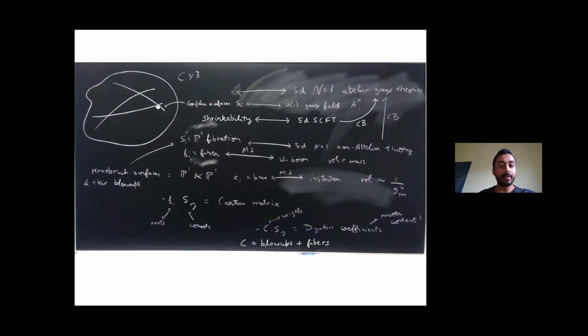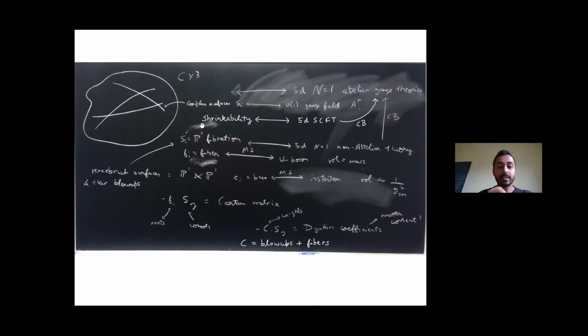Right, and the matter is encoded inside various complex curves, the way they intersect these complex surfaces. So now, if you want this 5D N=1 abelian gauge theory to arise on the Coulomb branch of some 5-dimensional SCFT, then it imposes a certain structure on this local region, on this set of surfaces.